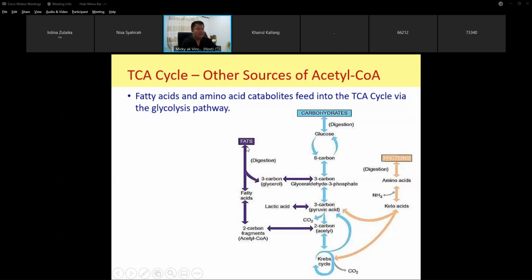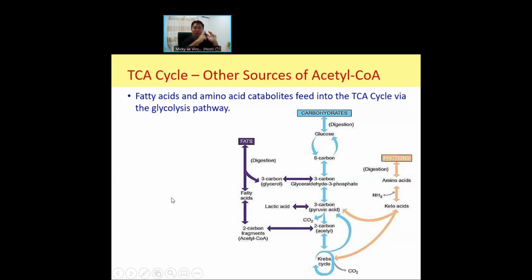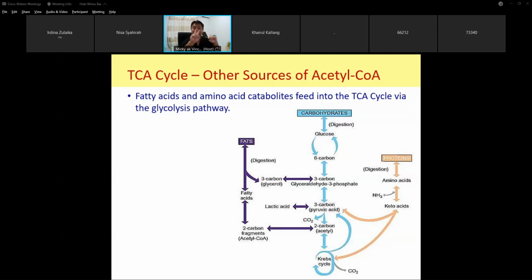From fatty acid also, you can even get acetyl-CoA. Fatty acid yang 16 carbon, C16, C18, you break it down, you potong, dia akan jadi 2. Kalau dia jadi 2, dia akan jadi acetyl-CoA. So this same acetyl-CoA masuk sini, then enters the Krebs cycle.